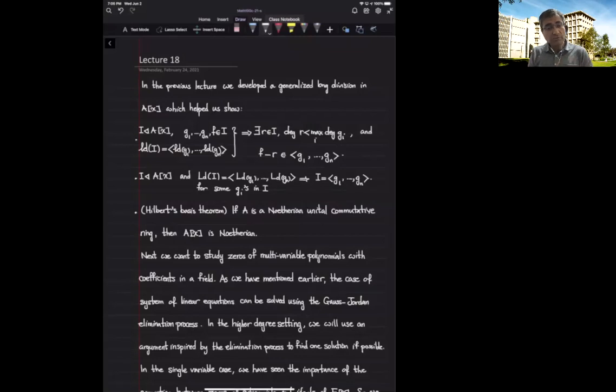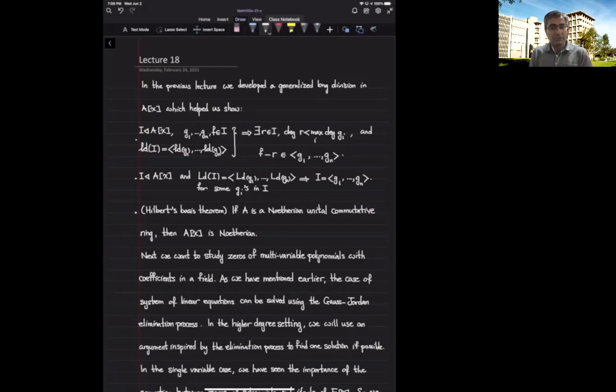In fact, we showed that we get the same result as long as the leading coefficients of all the elements in the ideal I are generated by the leading coefficients of the g sub i's, and f belongs to the ideal I. Using the same principle, we showed that in order to generate an ideal I, it's enough to make sure that the leading coefficients of all the elements of the ideal I are generated by the leading coefficients of the g sub i's.